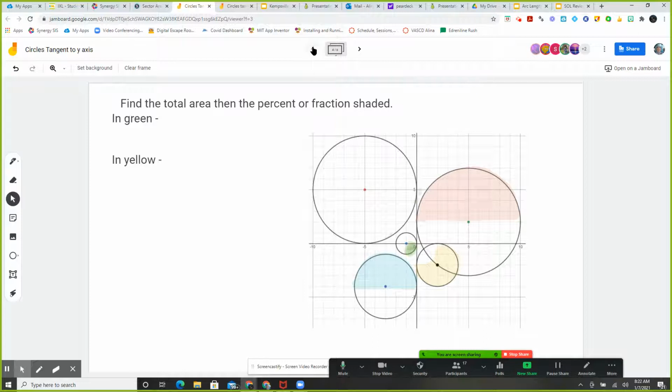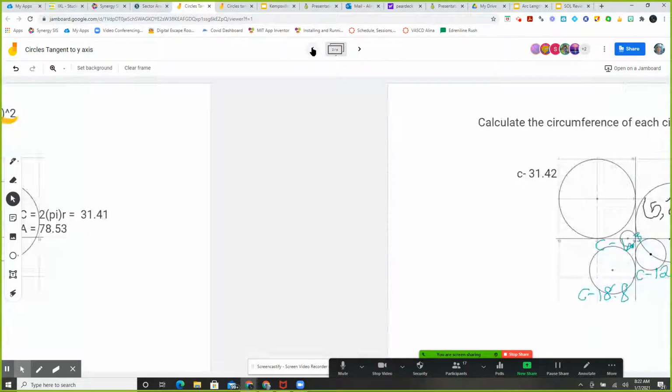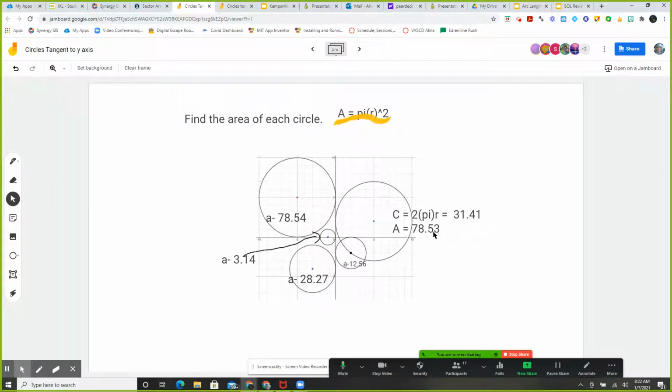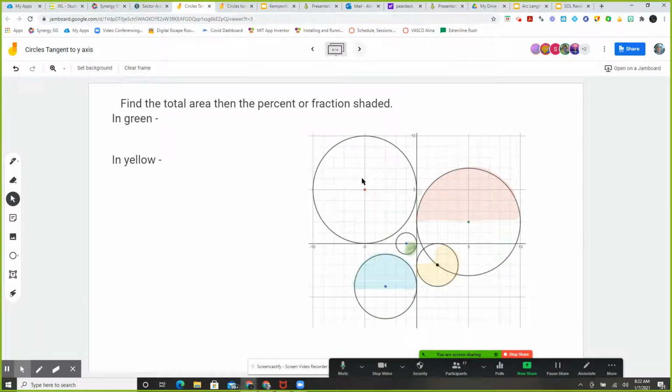In this last slide, the total area was 78.53. So I'm going to take a little shortcut. If this whole area is 78.53, and I've shaded 50% of it, how do I find 50% of 78.53?